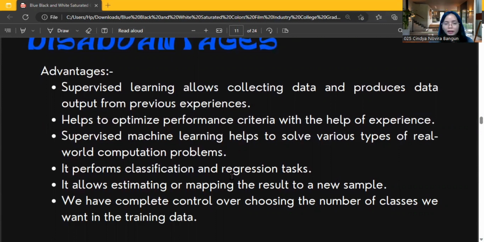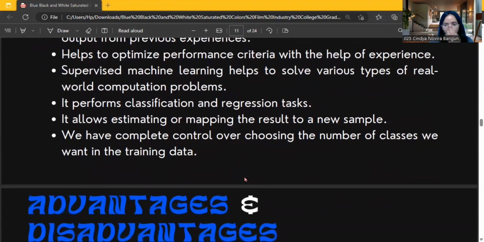Supervised machine learning helps to solve various types of real-world computation problems. 4. It performs classification and regression tasks. 5. It allows estimating or mapping the result to a new sample. 6. We have complete control over choosing the number of classes we want in the training data.